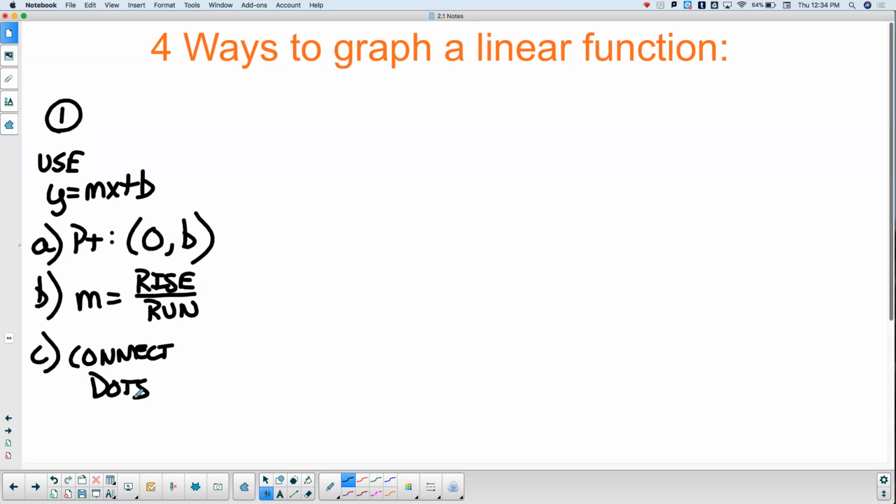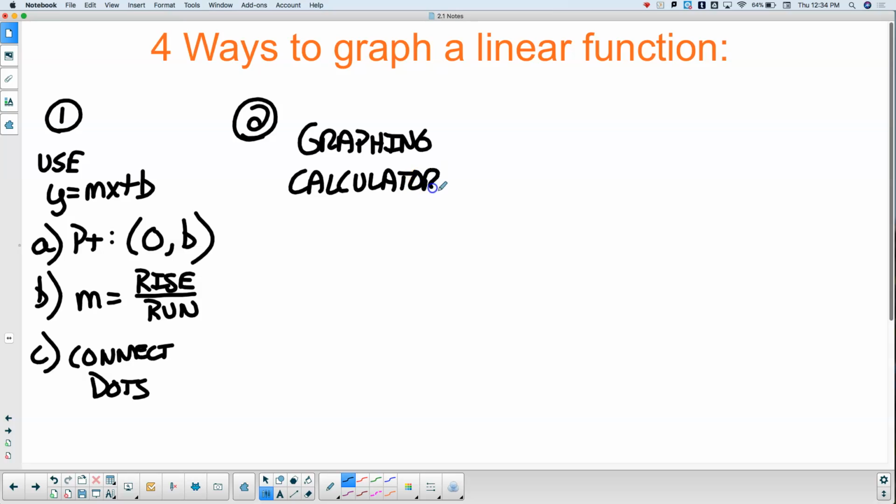Say it. What's wrong with the graphing calculator? Is there any downfall to using a graphing calculator, let's say, on your homework? It's doing the work.